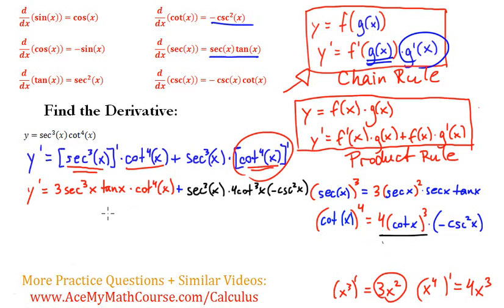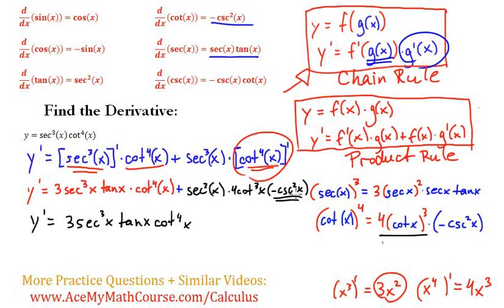In this case, we could simplify, rewrite everything in terms of sine and cosine. In this case, I'll just leave it like this, because the most important thing is for us to just take the derivative. And you guys can practice simplifying trig expressions later, or perhaps today, after you watch this video.